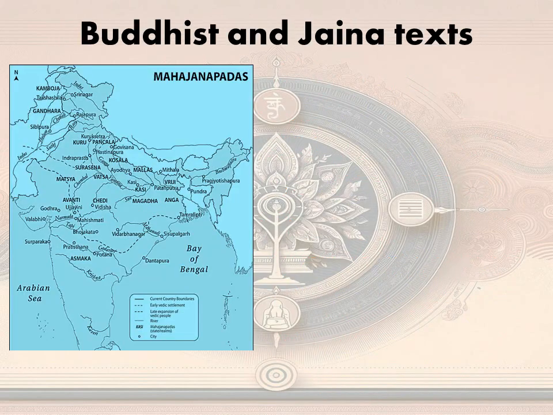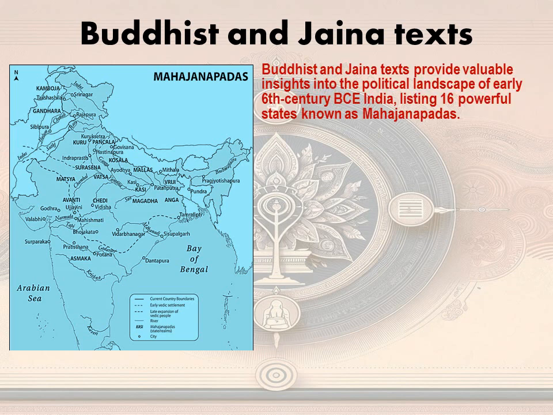Now, what are the sources of information regarding the Mahajanapadas that we can get from the Buddhist and Jaina texts? Buddhist and Jaina texts provide valuable insight into the political landscape of early 6th century BC India, listing 16 powerful states known as Mahajanapadas.